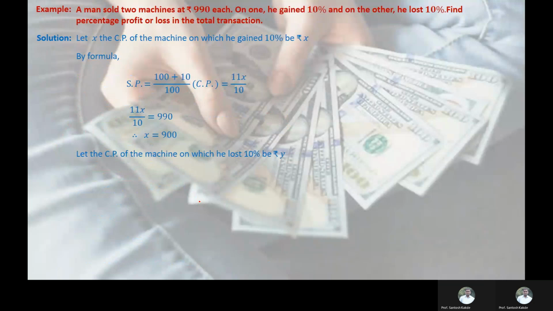Now let the cost price of the machine on which he lost 10% be y. Here he gained, that is profit, and here he has a loss. So by formula, putting the values, we get the value 9y upon 10. Just equating all these quantities, we find y is equal to 1100. Now we have to use the total cost price, which is 900 plus 1100 rupees.